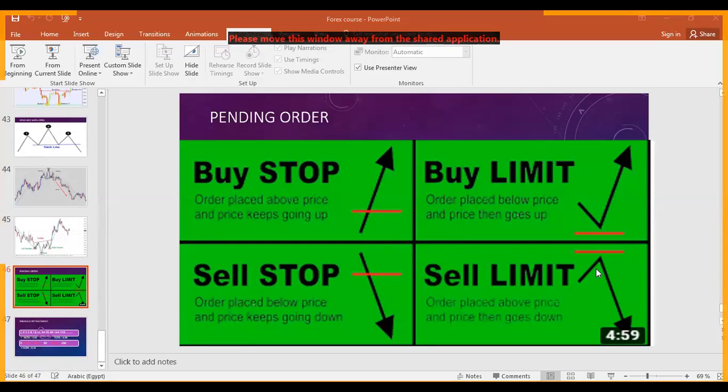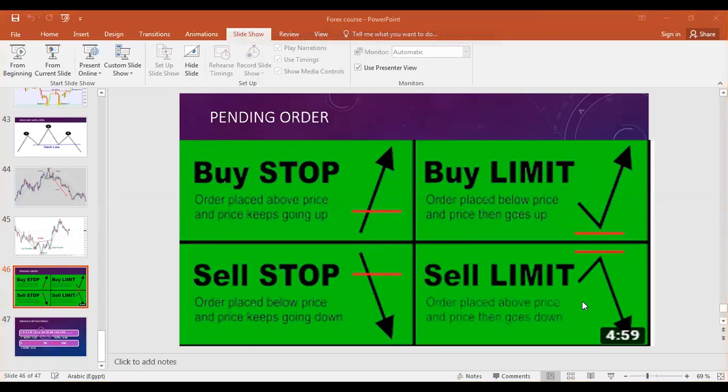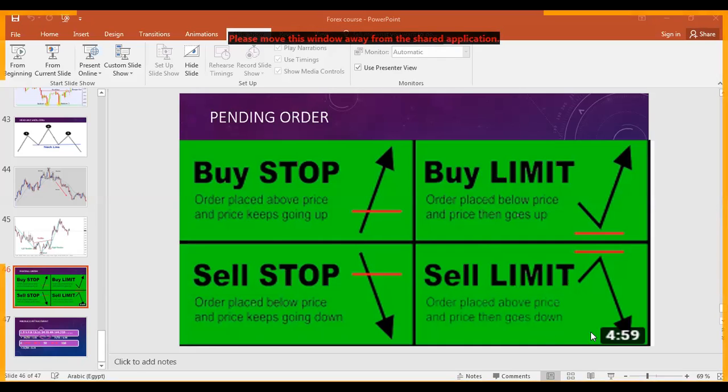Yes, so I sell from the highest point here because I know that the price will come here and change direction down. So I put a sell limit. I cannot put a sell stop, because a sell stop I put down. You understand what I mean? Yeah. Good. Okay.